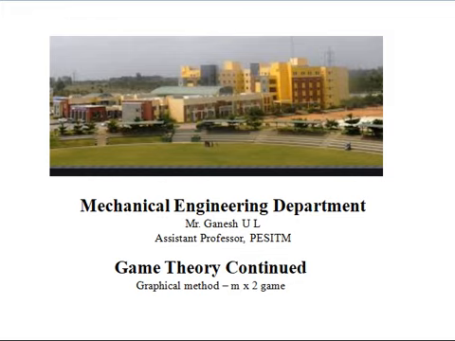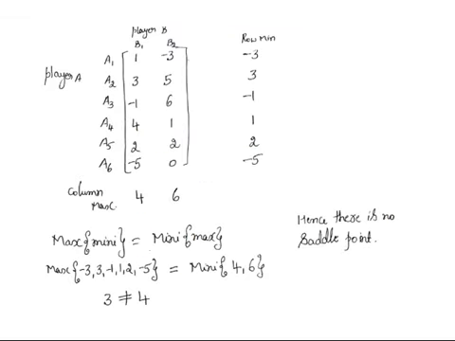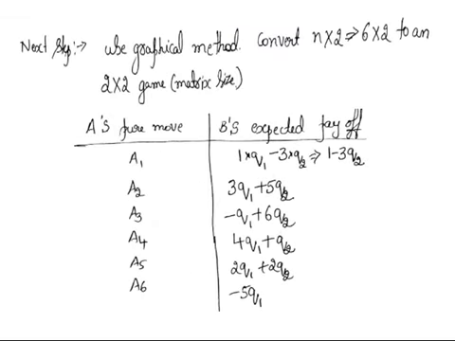Now we are solving for m cross 2. That is the only difference. The rest of the procedure is almost the same. When adopting this graphical method, we are trying to convert the m cross 2 game, that is, in our given problem 6 cross 2, to a 2 cross 2 game.